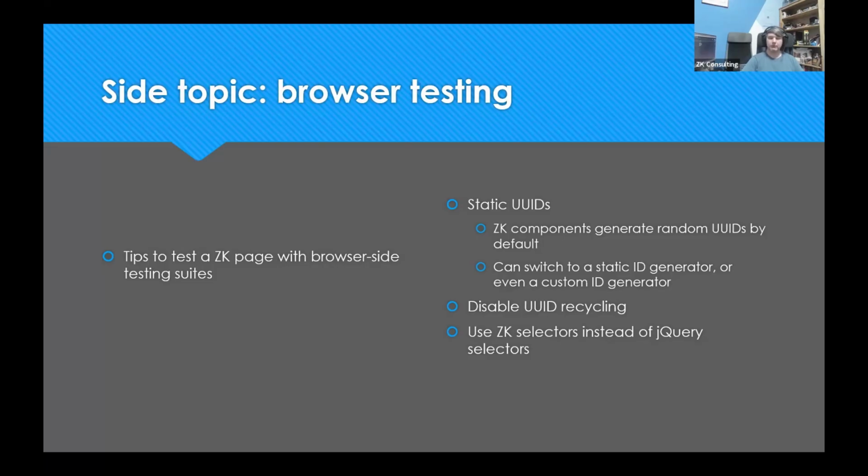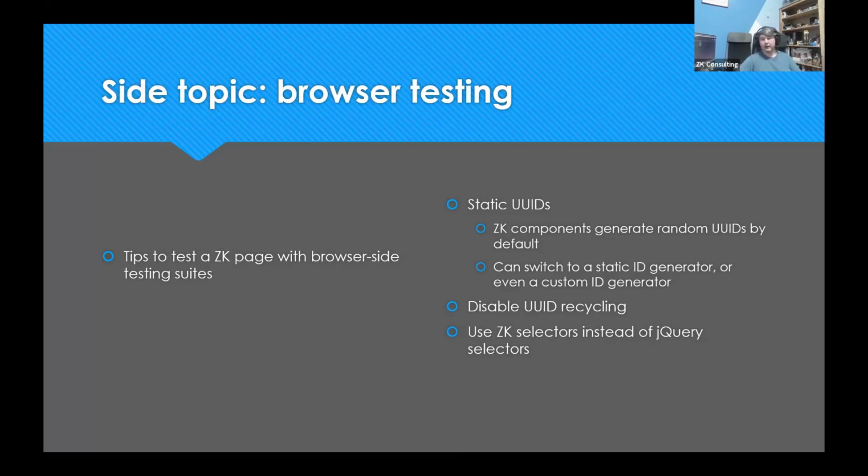ZK will attempt to reuse UUIDs when a component is no longer part of the page, just to streamline a few things under the hood. You can just disable that in zk.xml as well. There is a property that is going to let you do it. So if you just want to make sure that you have exactly the same page every time you open it, every time you do an operation on it, disabling UUID recycling is going to help you.